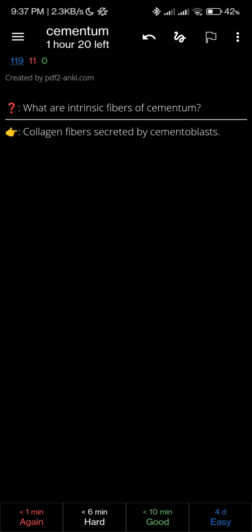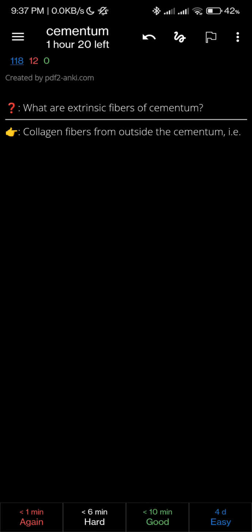Collagen fibers secreted by the periodontal ligament, from outside the cementum, are called extrinsic fibers.